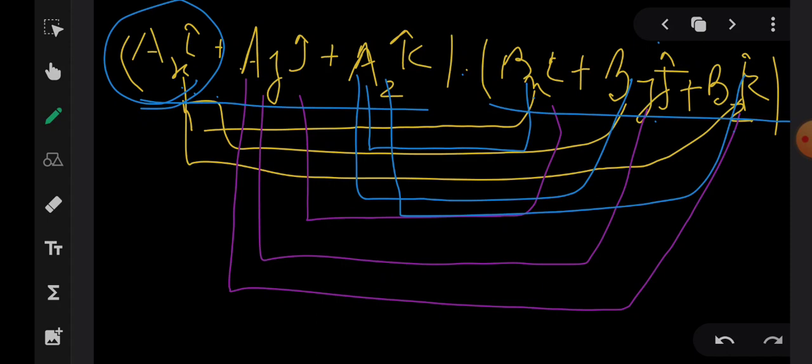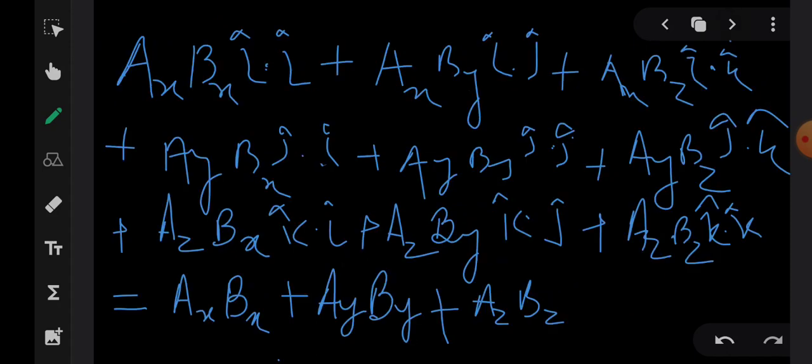Similarly, next you take ay and multiply with all three components of B vector. So it will be ay bx j dot i, ay by j dot j, ay bz j dot k. Then next az, multiply az with all three components of B vector: az bx k dot i, az by k dot j, az bz k dot k. So what we have spoken here is written here.